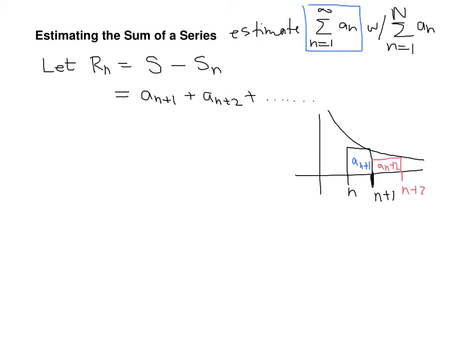And from the picture, it's pretty easy to see that r sub n is less than or equal to the integral from n to infinity of f of x dx. Because the integral from n to infinity is the area under that curve, and because we're using right endpoints on that interval, the value of the integral is greater than the value of the sums of those boxes.